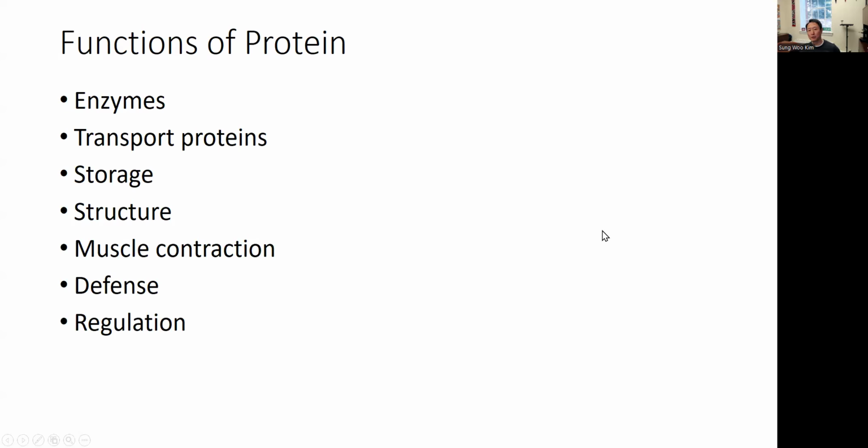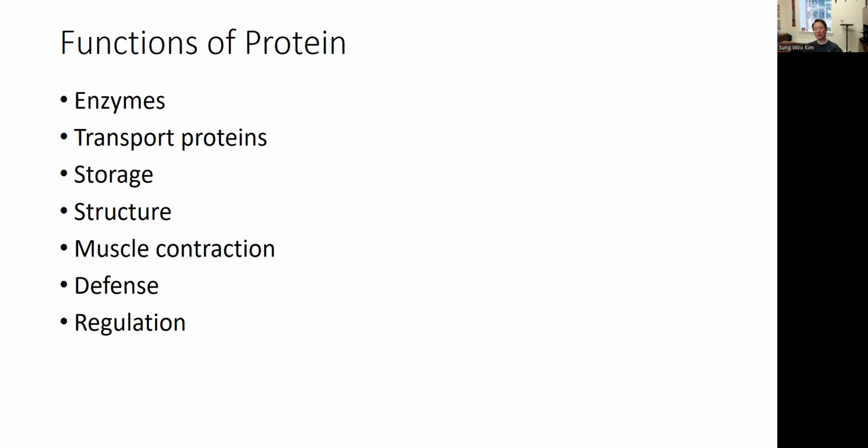I'd like to close this first week by listing more specific functions of protein, more than the general functions. Protein, the enzyme, is a very important catalyst, helping all the metabolic and biochemical processes in the body. All the enzymes are protein, so one important function of protein is as enzymes. Right?